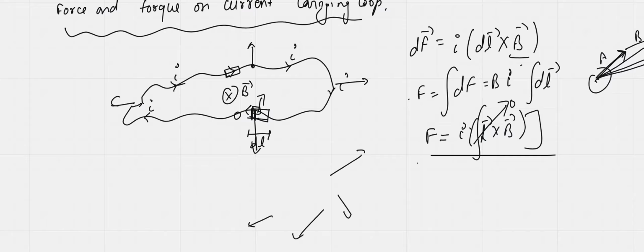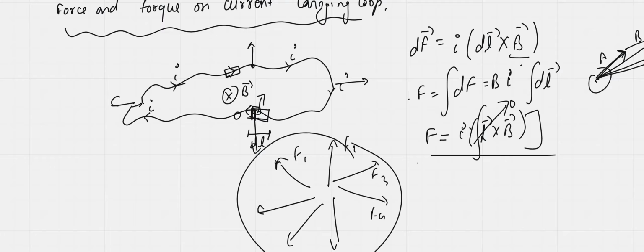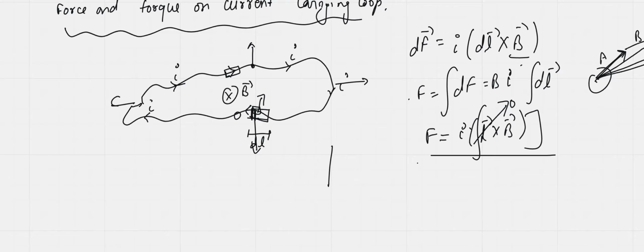So if this is a constant rigid body, you can draw the vectors like this: F1, F2, F3, F4. If you add all of them, the resultant is zero, because they nullify each other at the end of the day. This is a small vector concept I have taken.